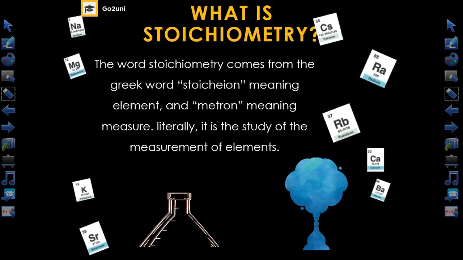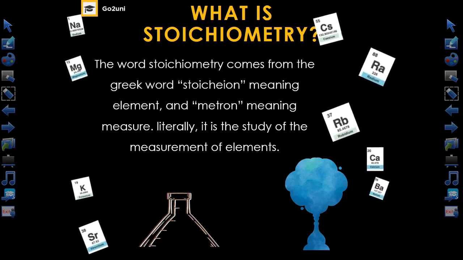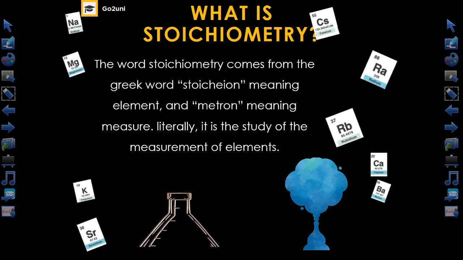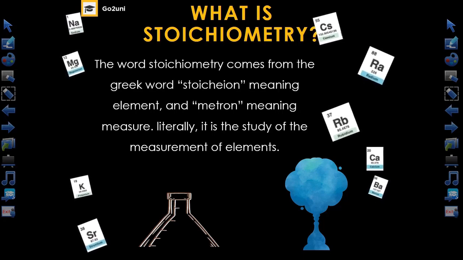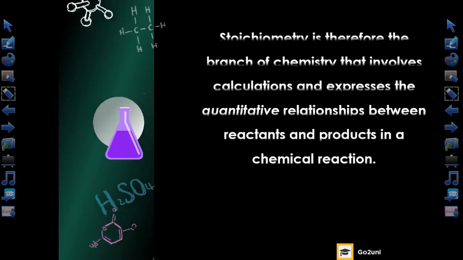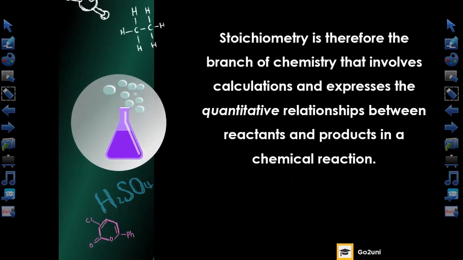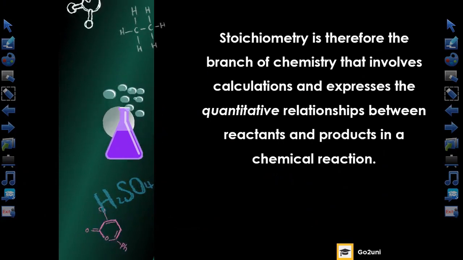So literally, stoichiometry is the study of the measurement of elements, how elements are measured. Having seen that, let us get to understand the in-depth of what stoichiometry really is.